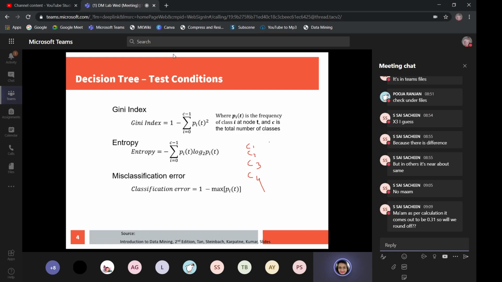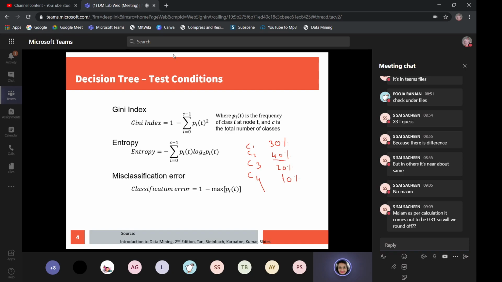Let's say the algorithm is 30% confident that it belongs to the first class, 40% confident that it belongs to the second, 20% confident that it belongs to the third, and 10% confident that it belongs to the fourth.